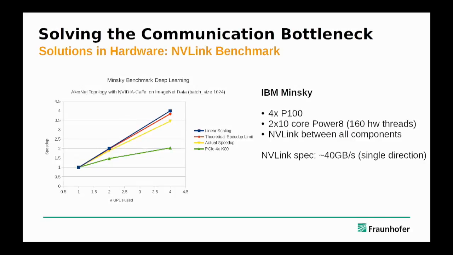And the yellow one is the actual speedup we get. So with the real speedup around 3.5, this is actually quite good. If you're using faster memory in there, it could be even faster. The same problem on a system where you put the cards in PCI Express, well, you end up just above a speedup factor of 2 for 4 cards.